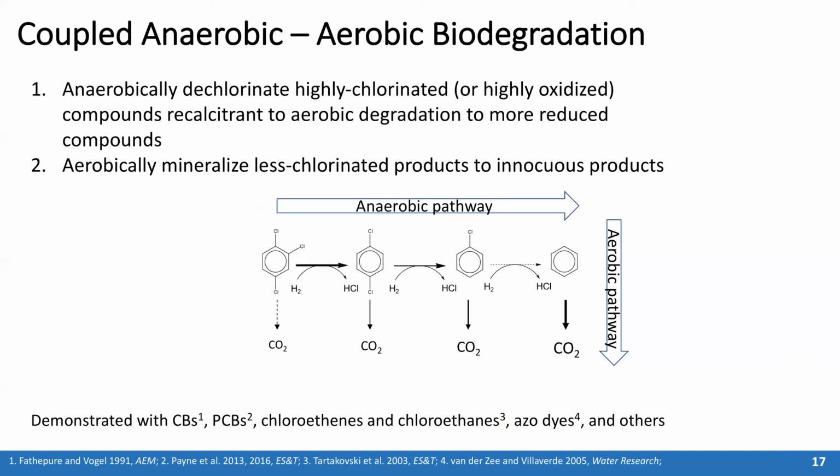The thickness of the little black arrow tells you the likelihood of that reaction occurring. So the thicker the arrow, the more likely it occurs. As you go from a trichlorobenzene to a dichlorobenzene, monochlorobenzene with the anaerobic pathway, each sequential step is more difficult. It happens at a slower rate. And so the last step, chlorobenzene to benzene, is a very slow step.